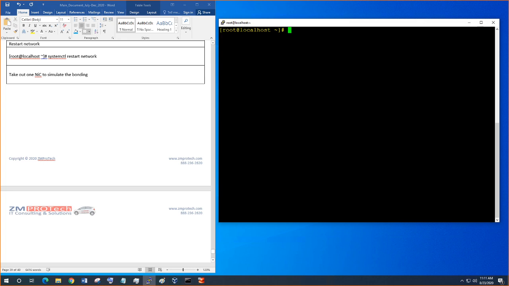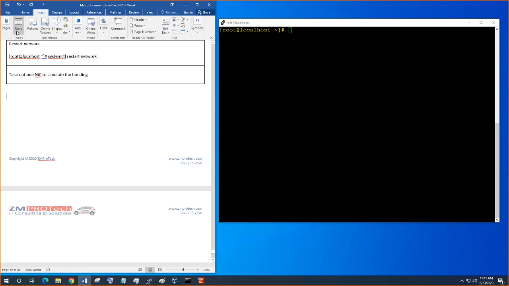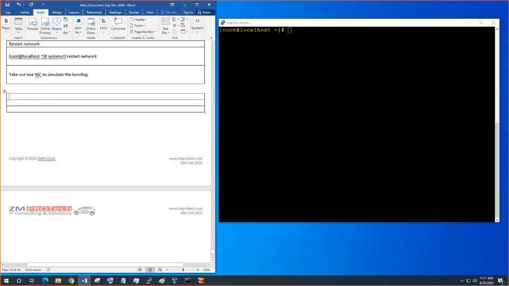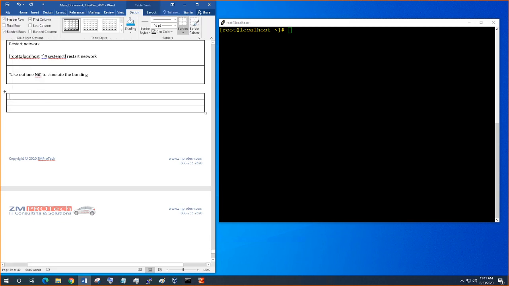Okay, I'll start a little bit about network, how the network is. In no way does this mean this is a network class. It's just a brief description of how the network works and all that, okay?